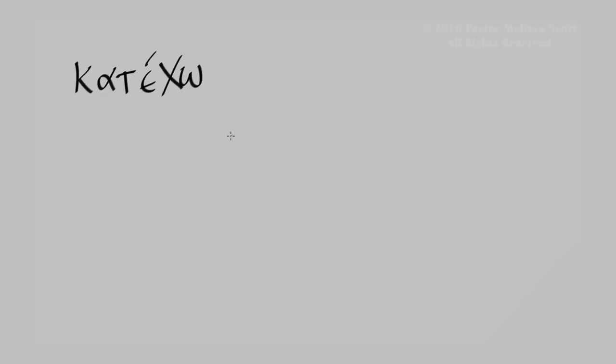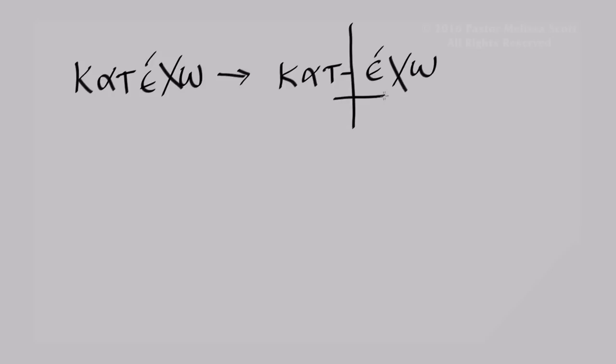I was immediately taken with something. That this word, which for the most part is being translated to hold fast or such translations, actually appears in the lexicon like this. And the reason it appears like this, because they are showing you that this is actually a compound.